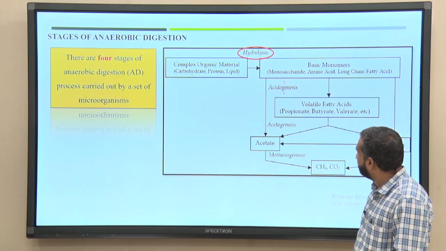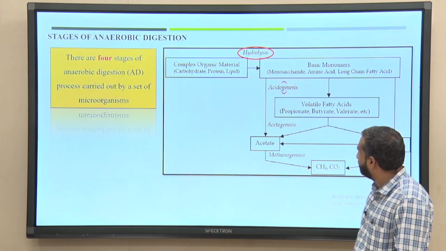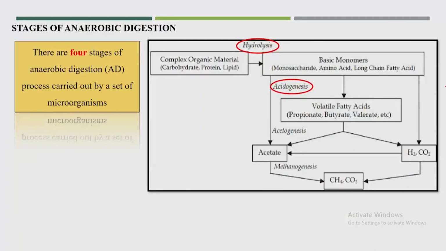Next is acidogenesis. Here, all the basic monomers are converted into volatile fatty acids, mostly propionic acid, butyric acid or valeric acids, which are somewhat large carbon-containing fatty acids. Acidogenesis is followed by acetogenesis.